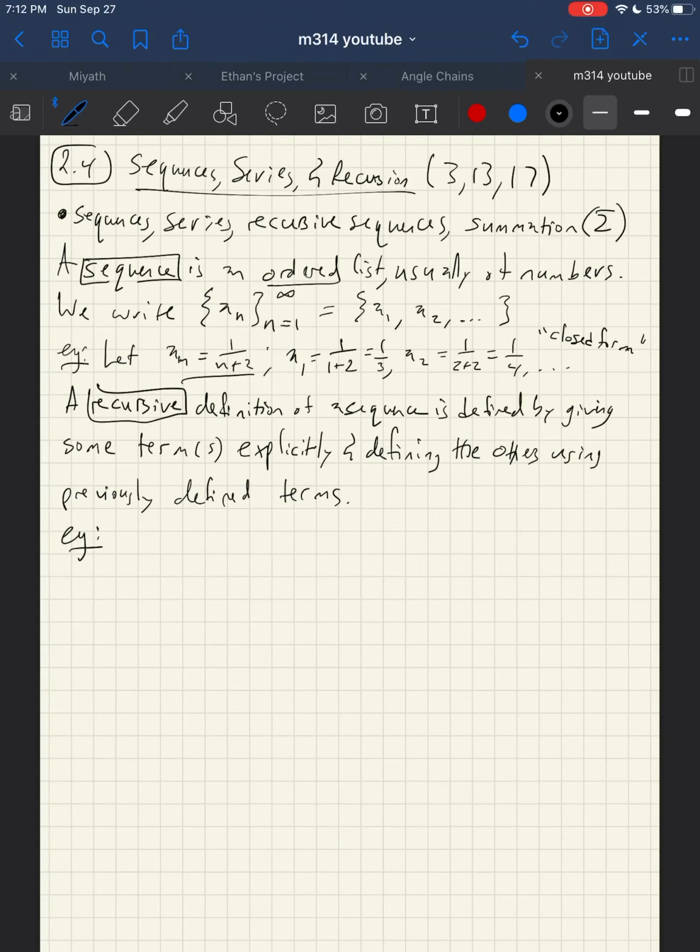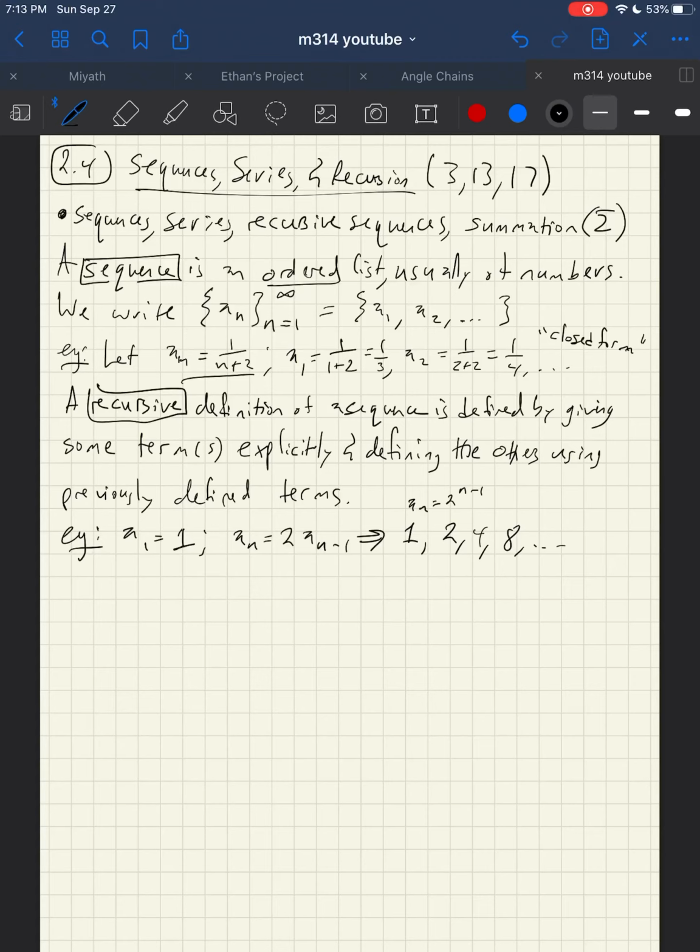So the recursive definition is going to be something like, let's define a term first. Let a sub 1 equal 1, and then let a sub n equal 2 times a sub n minus 1. So this goes 1, 2, 4, 8, etc. Now you could say, why not just define this as a sub n equals 2 to the n, or in this case 2 to the n minus 1 if we're starting at 1.